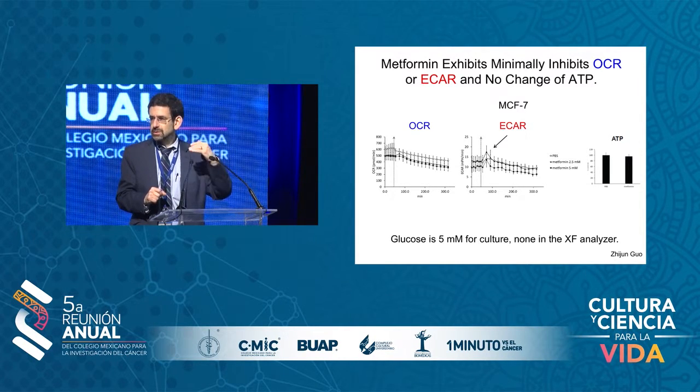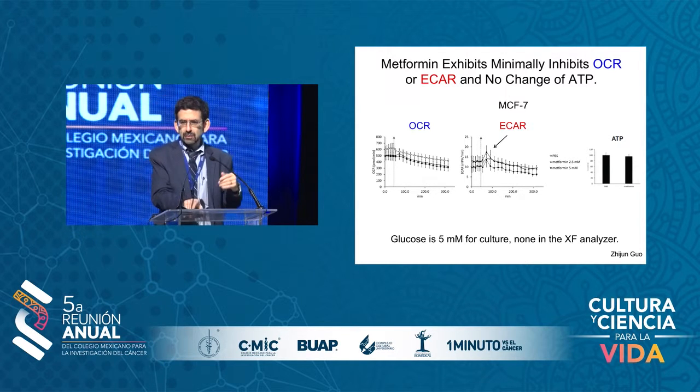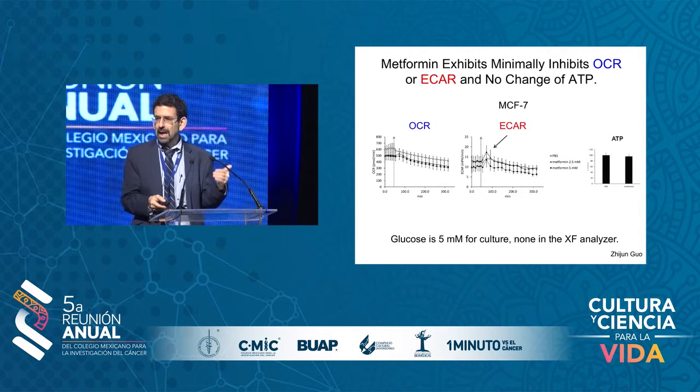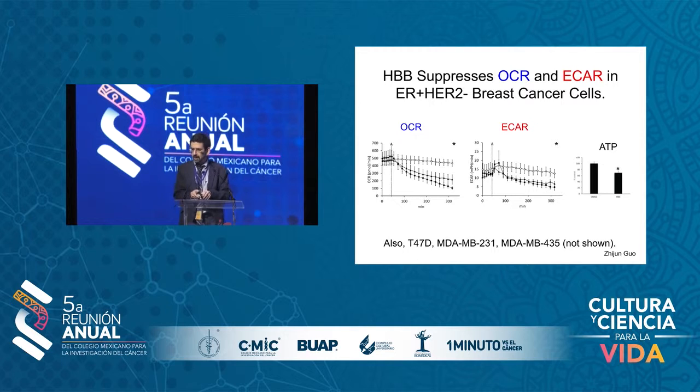So this led to the recognition that there's more going on than simply oxidative phosphorylation, and that there were other signaling pathways that were likely affected, and that there were pleiotropic effects of HPV.